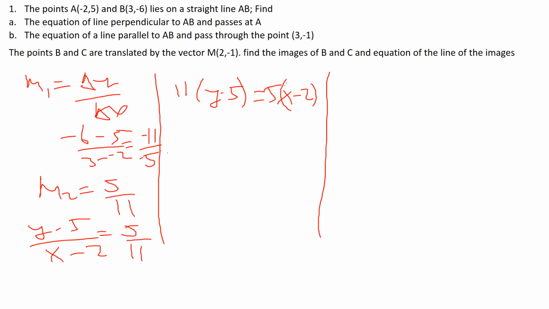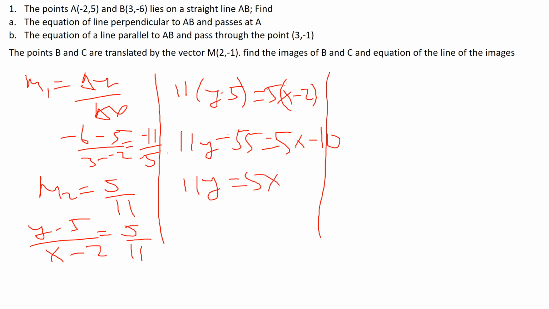So in this case, we are going to have 11y minus 55 equals 5x minus 10. So here we have 11y equals 5x.